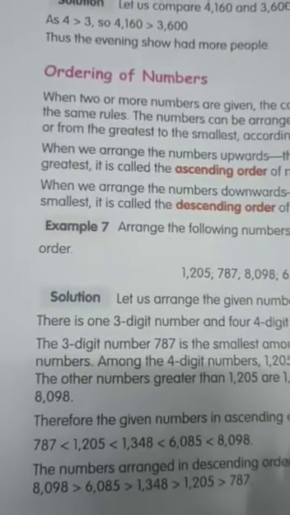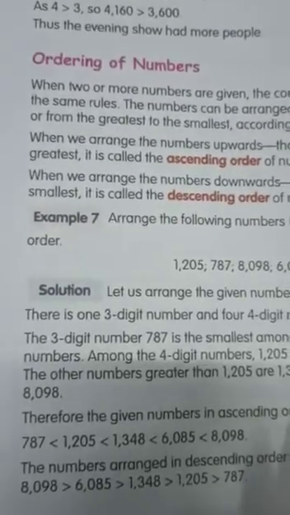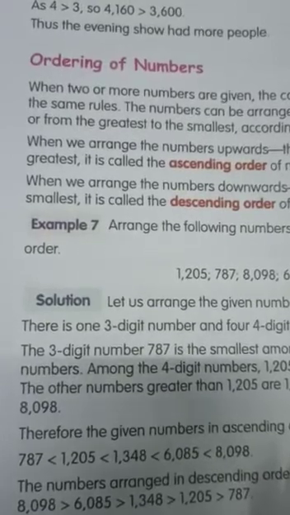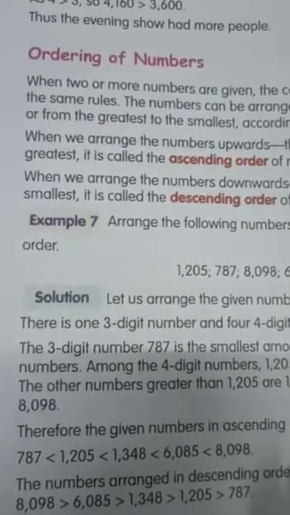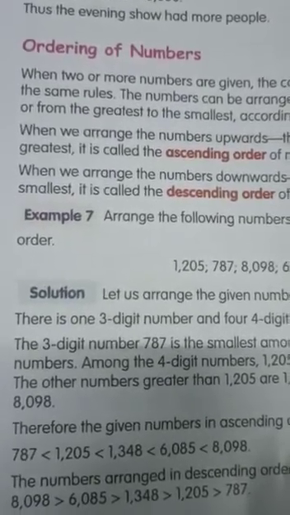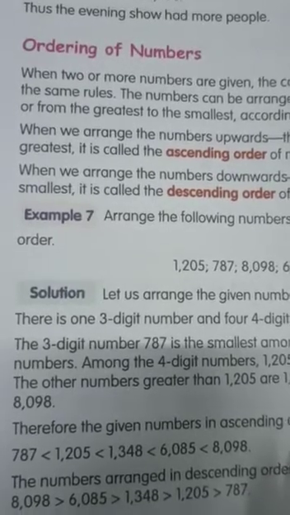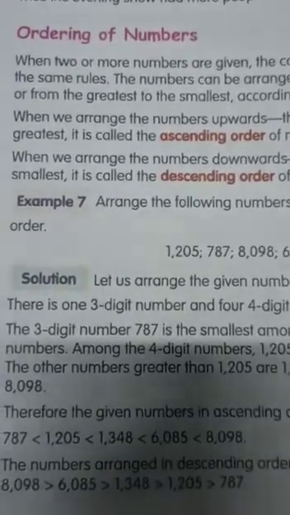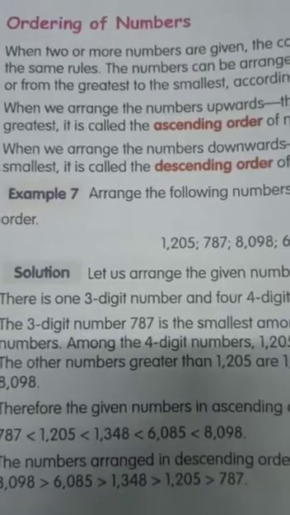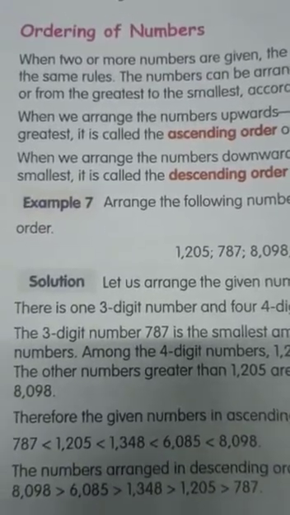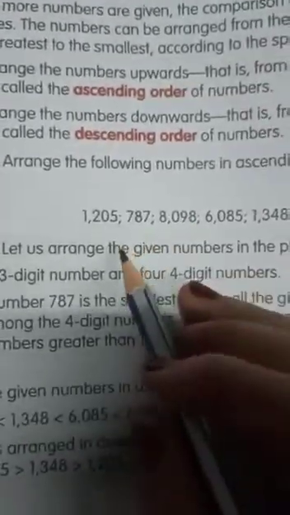So the next topic here is ordering of numbers. That is nothing but ascending order or descending order. So we have learned how to arrange numbers from bigger to smaller or smaller to bigger. Now children, look at this example.